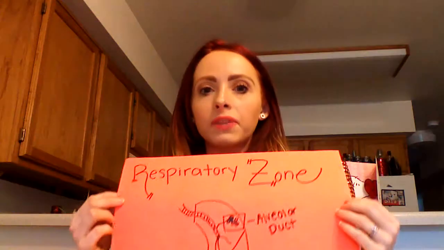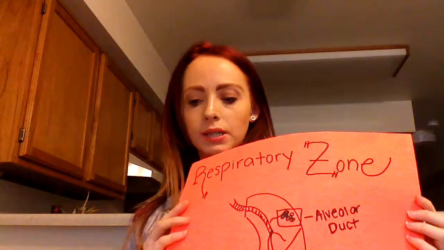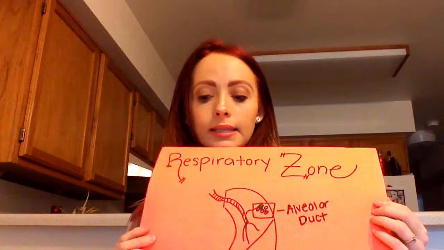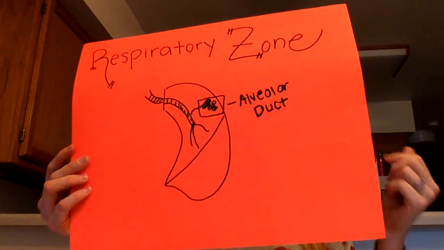So you noticed I flipped the paper when we switched from the conducting zone to the respiratory zone. If you remember back to what the respiratory zone is, it has to do with the bronchioles, the alveolar ducts, and the alveoli.